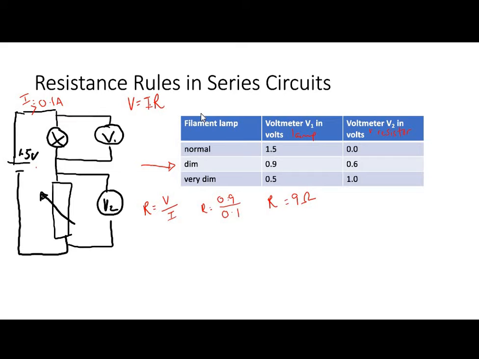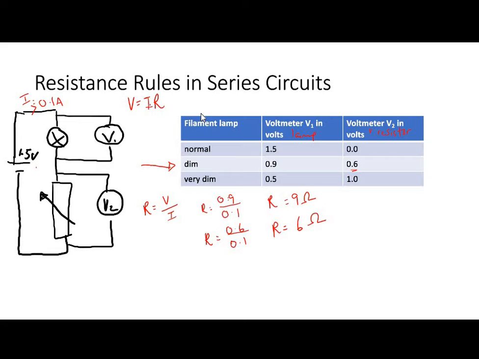Now, what's the resistance of our variable resistor at that point? We use the same equation, but this time we've got 0.6 divided by the same current, because we know that the current in a series circuit is the same anywhere. So that gives us a resistance there of 6 ohms.